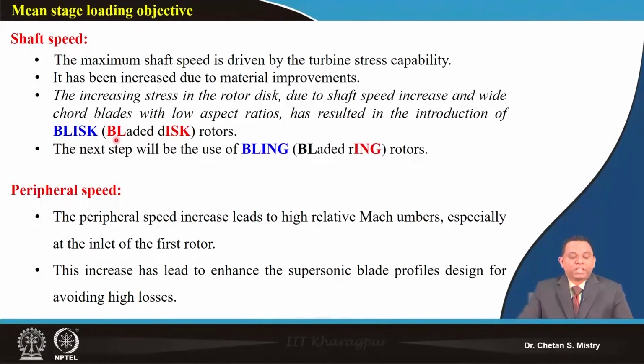This is nothing but the bladed disc rotor. So the whole rotor has been made along with the hub as a single piece.